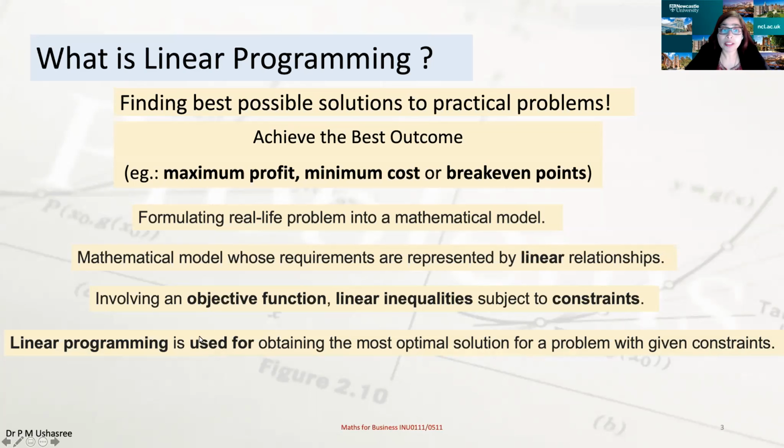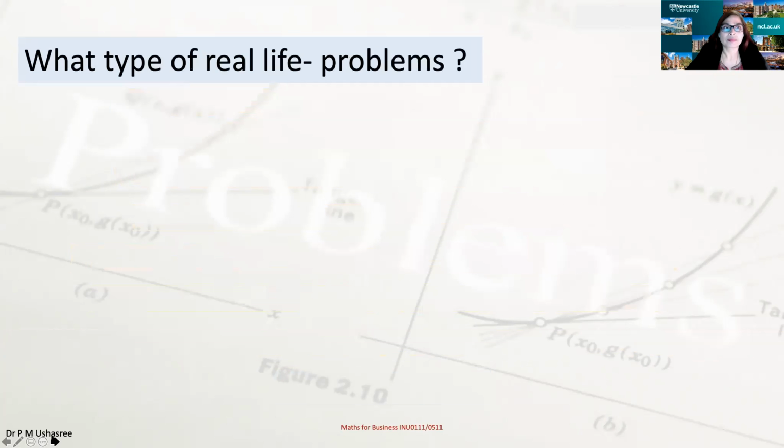So linear programming in one sentence, you can say it is used for obtaining the most optimum solution for a problem with given constraints. So it's actually a tool for linear optimization. That's what we're going to see.